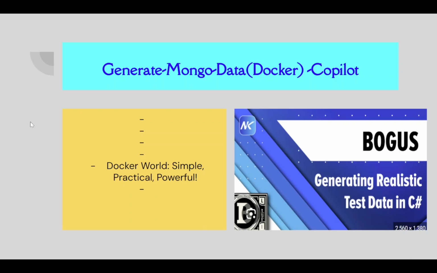In the previous video, I discussed how to generate random sample data by using Bogus and Faker namespaces. In this video, I'm not going to write any code, but I'm going to use Copilot and a little bit of ChatGPT to generate thousands of domain data, which is not real.